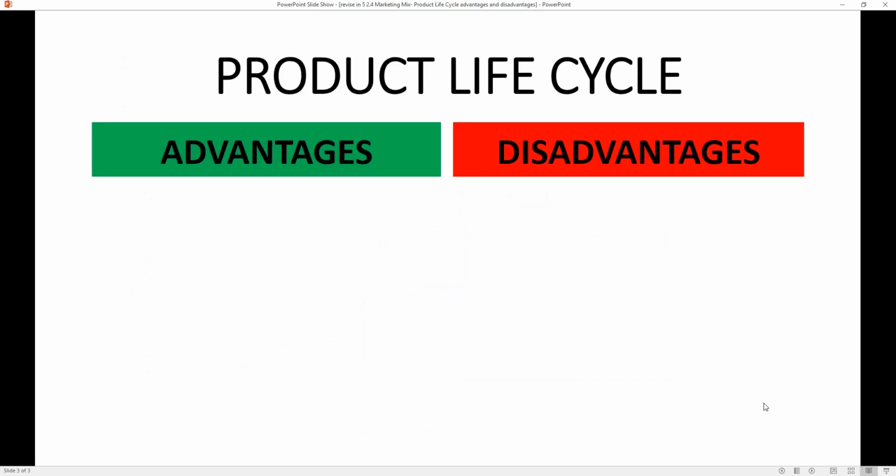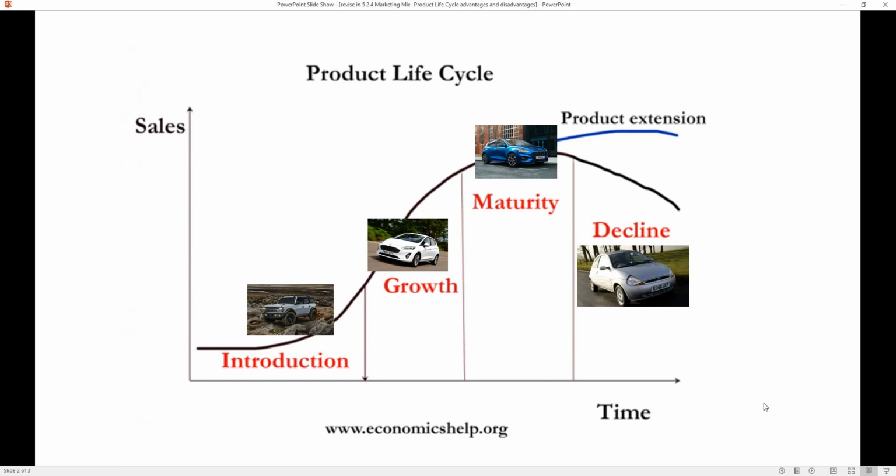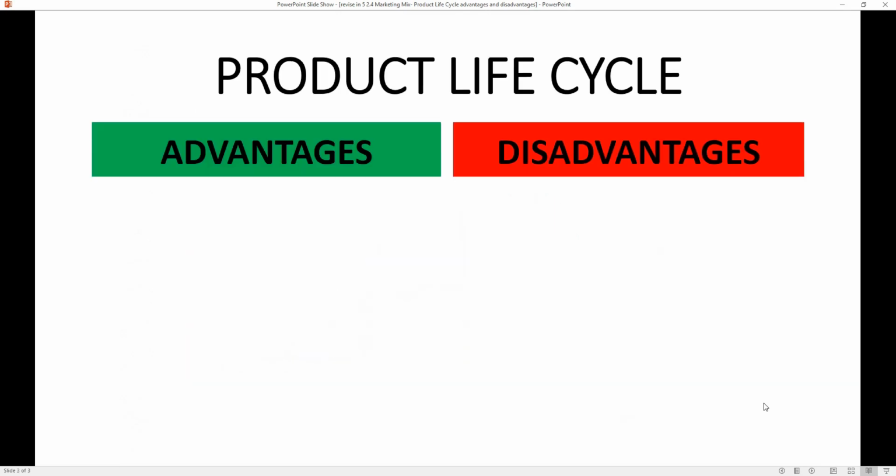Okay, so as I said, we're not talking too much about the product life cycle, just an introduction of what it was. We're more focused on this. So what are the advantages and disadvantages? So a big advantage is it aids in decision making in advertising and pricing strategies. Okay, so for example, if you go back, you've got introduction, the Ford, there's a Ford Bronco, there's a brand new Ford.